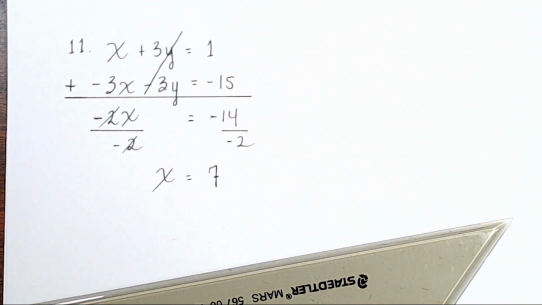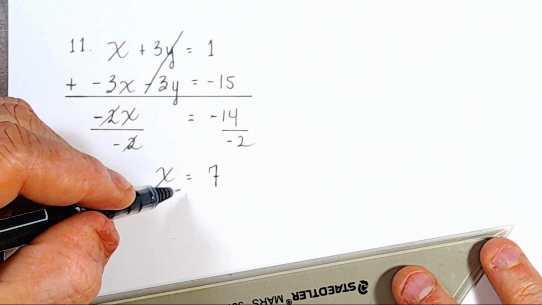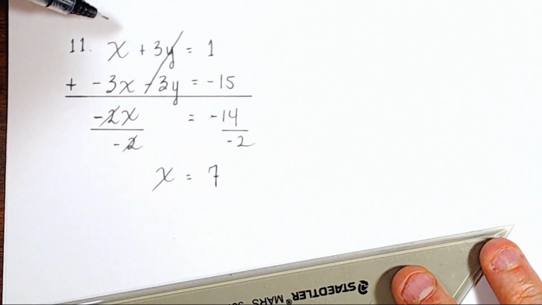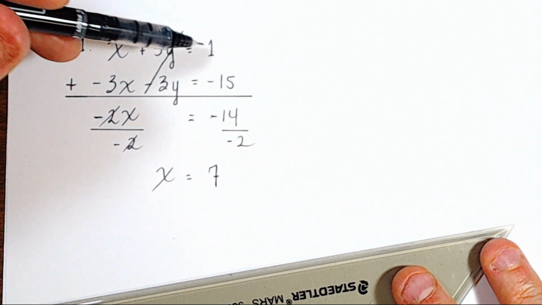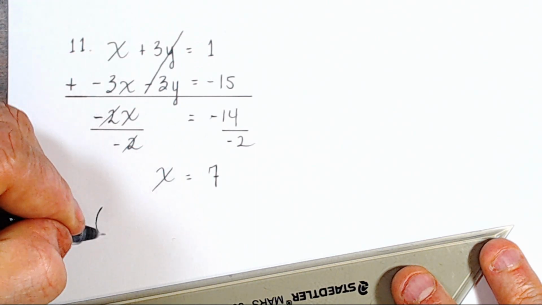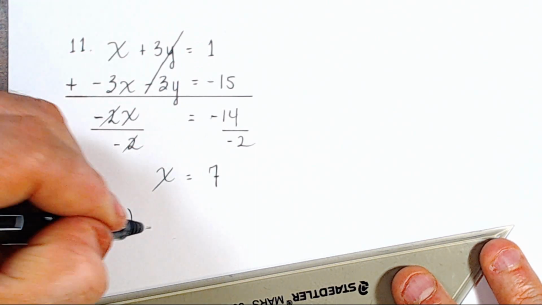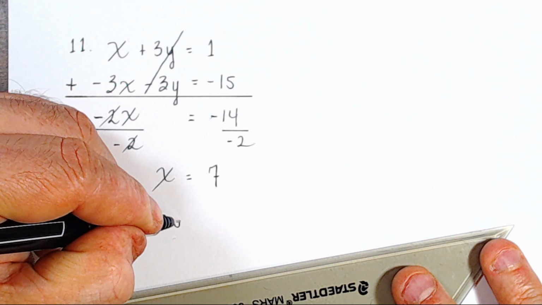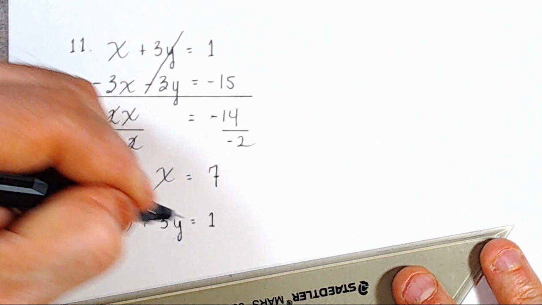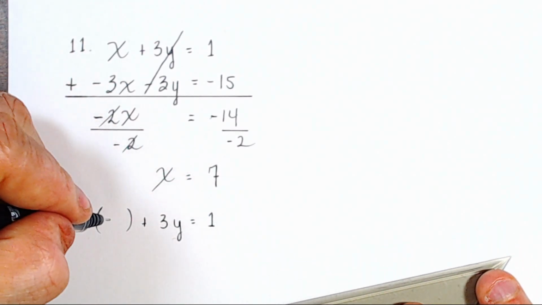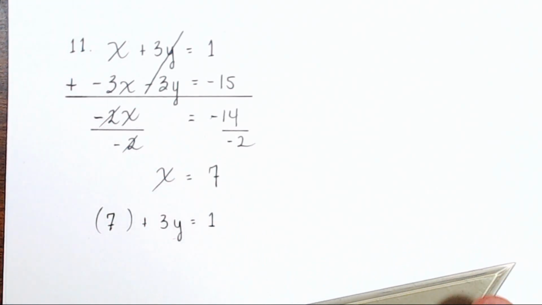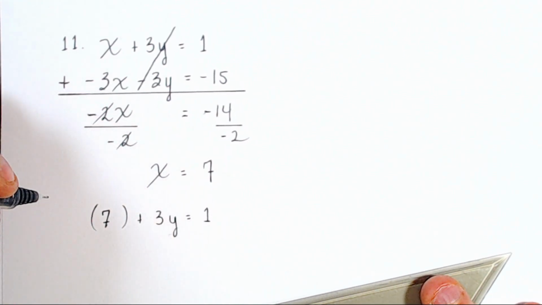Okay, so now we plug this 7 back up here. You see where this says x plus 3y equals 1? So I'm going to write blank plus 3y equals 1, and I'll stick that 7 in there for where the x was. So now I have 7 plus 3y equals 1.